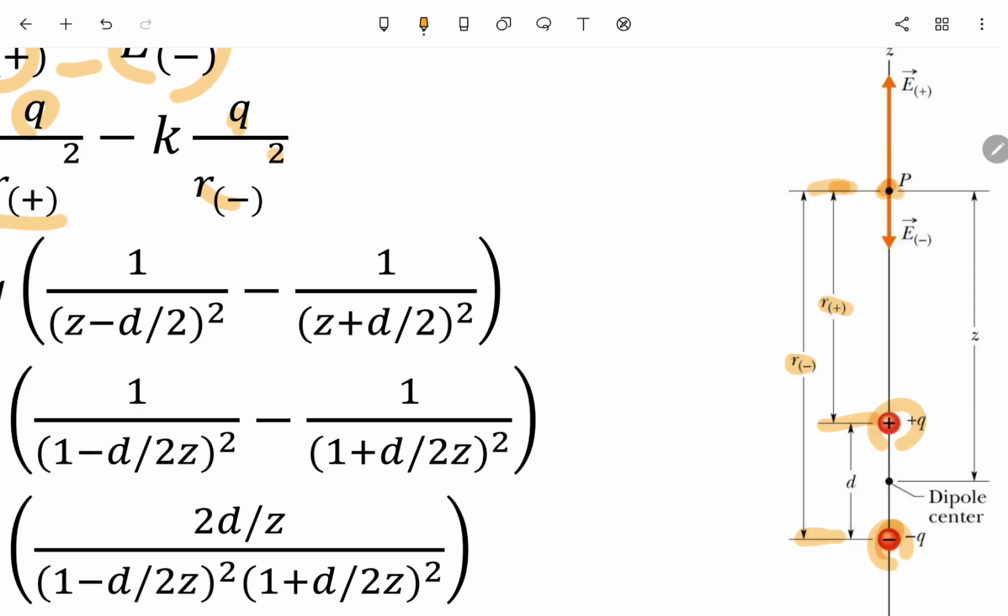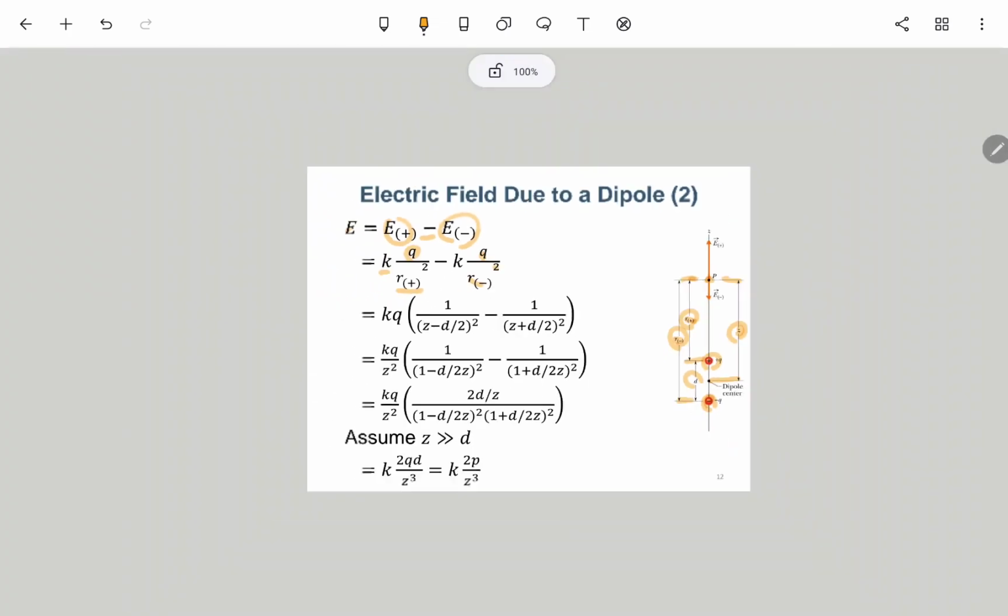And then Z is starting from the middle point of the dipole to the point P. So here we have four different distances. D is the distance between these two charged particles.